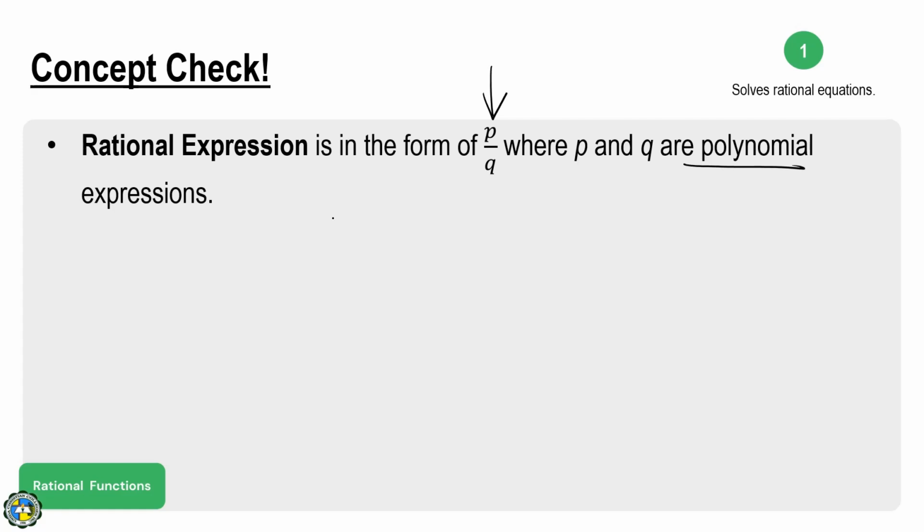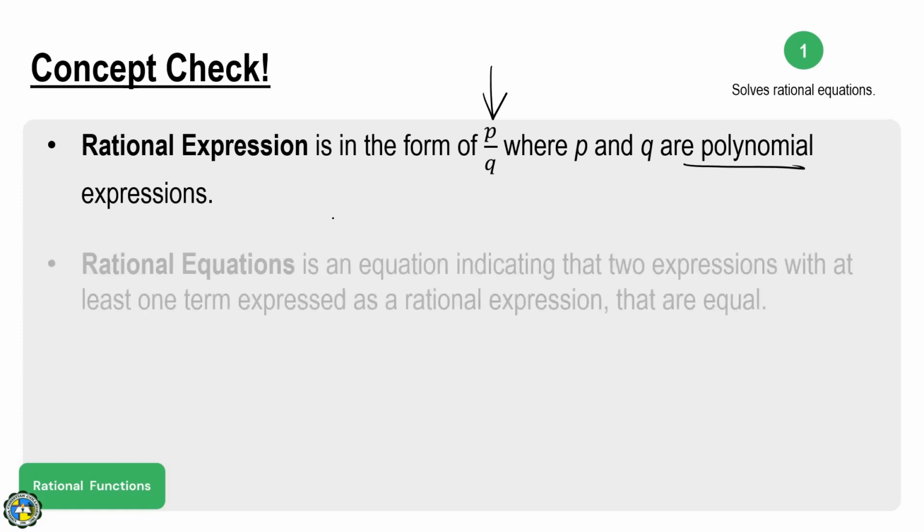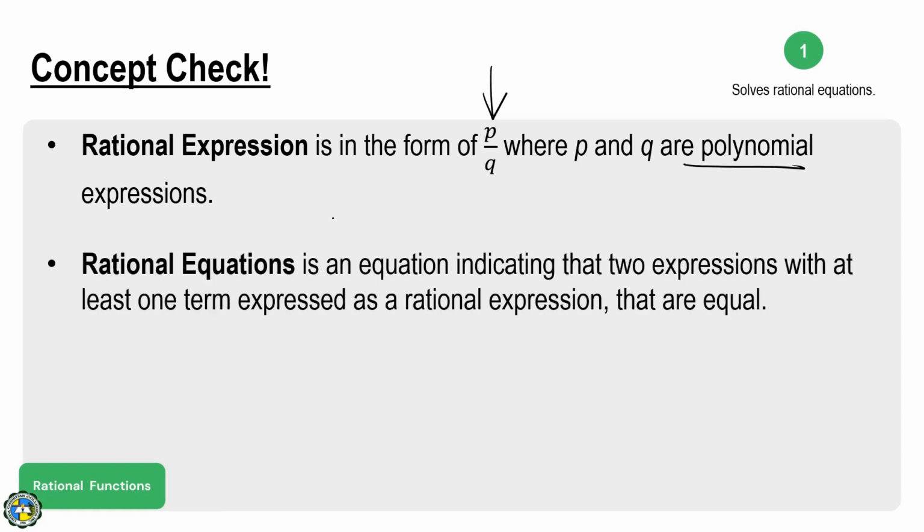So, always remember po, no, that polynomials, many, nomials is what? A term po. No? Ibig sabihin, many terms yung involved sa ating expression. Okay? So, it can be a constant, it can be a cubic, quadratic, and so on po. So, let's have rational equations po.